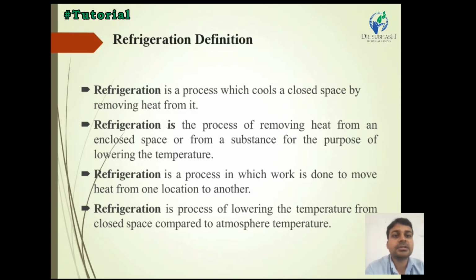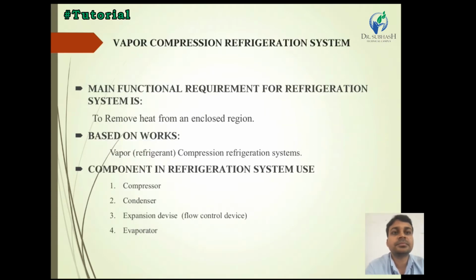The refrigeration system lowers the temperature of a closed space compared to atmospheric temperature. You should also know that we lower the temperature compared to atmospheric temperature, and that's also called a refrigeration system. Now the required components of a vapor compression refrigeration system.